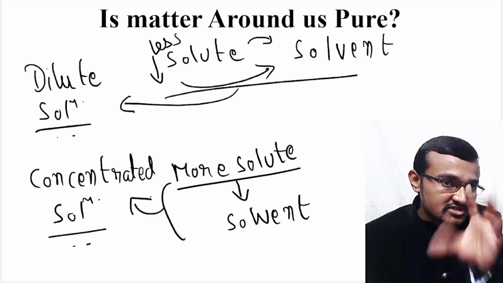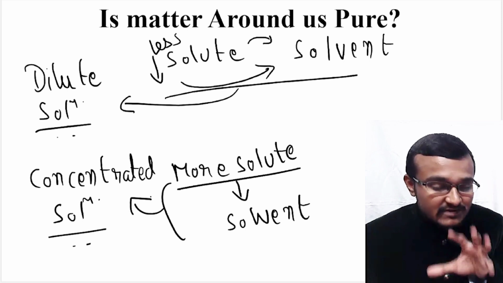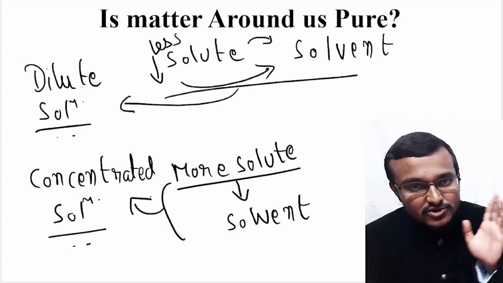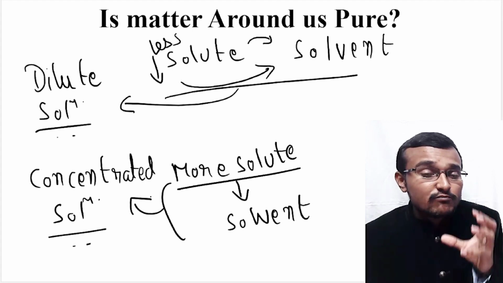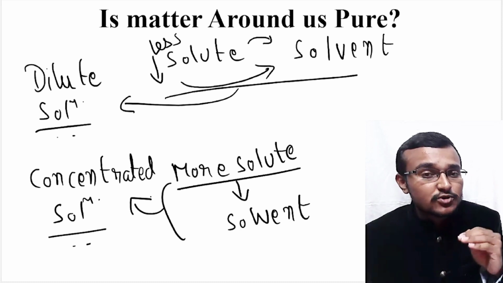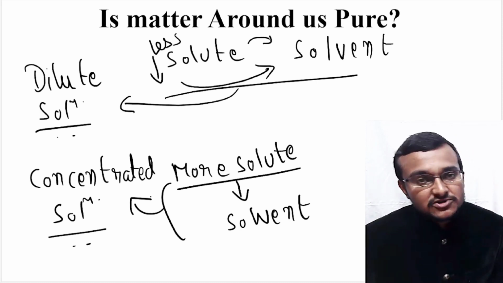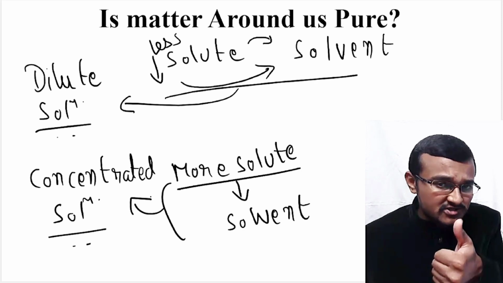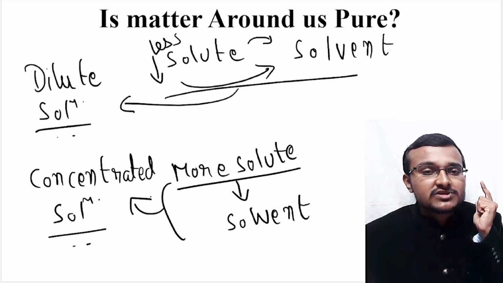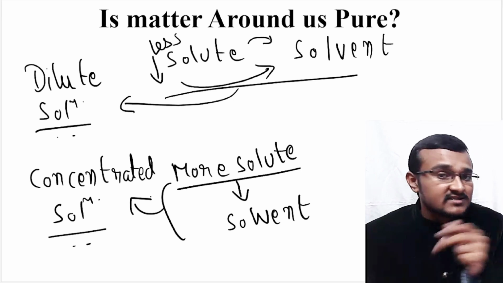If you have lesser concentration, then it will be known as dilute solution. If you have more concentration of solute in a particular solvent, then that solution will be known as concentrated solution. So here you should remember what is concentration of solution, what is dilute solution, and what is concentrated solution.